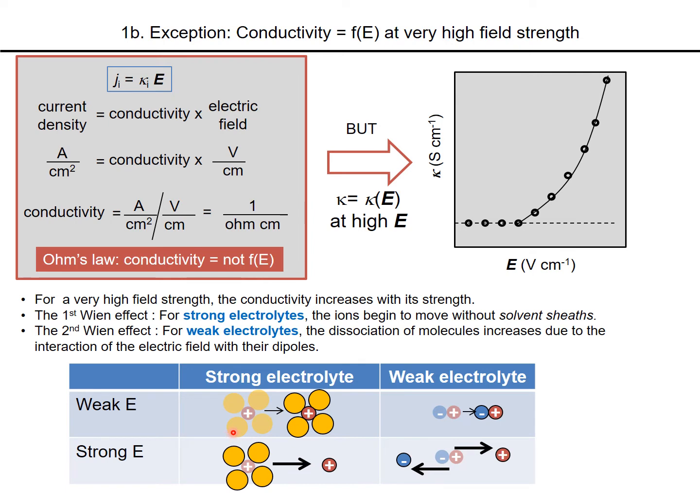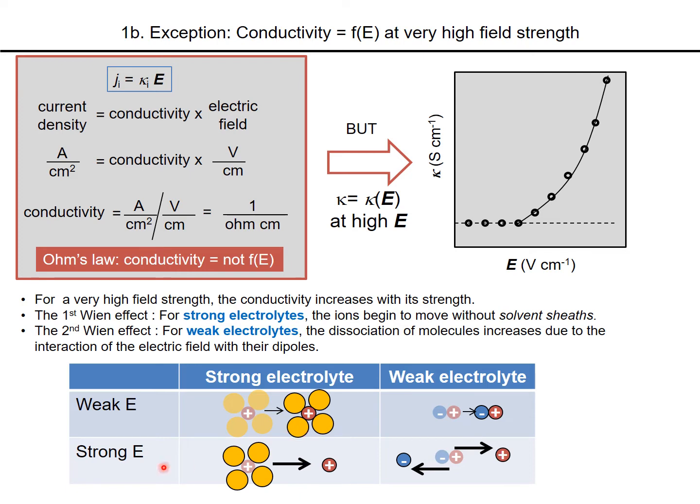So in your strong electrolyte, cations are separated from anions, and the cations are totally solvated like that. At weak electric field, the solvated cations are moving while keeping their integrity. So the size of the charge carrier, which is the hydrated cation, is larger than just pure cation.